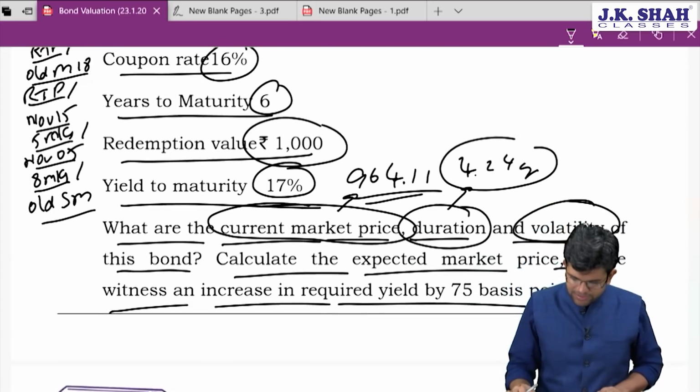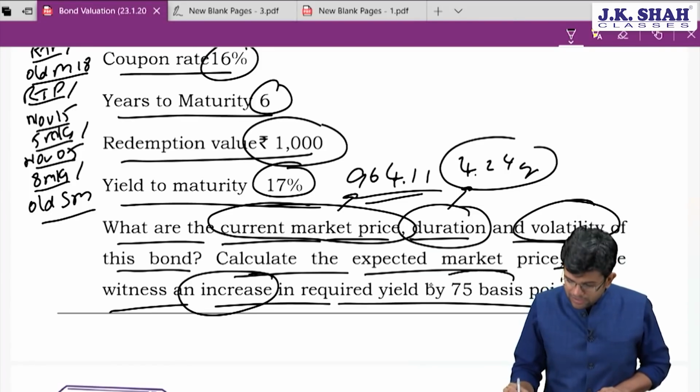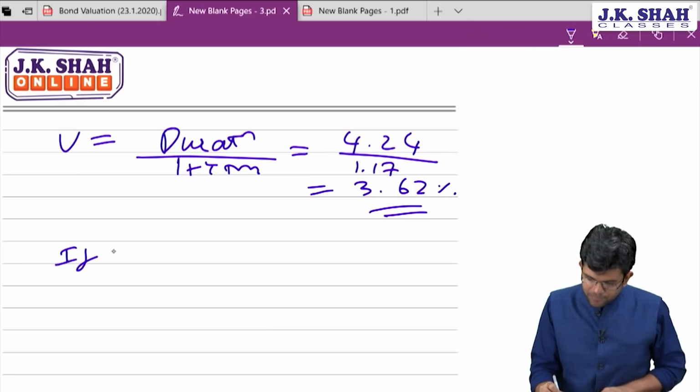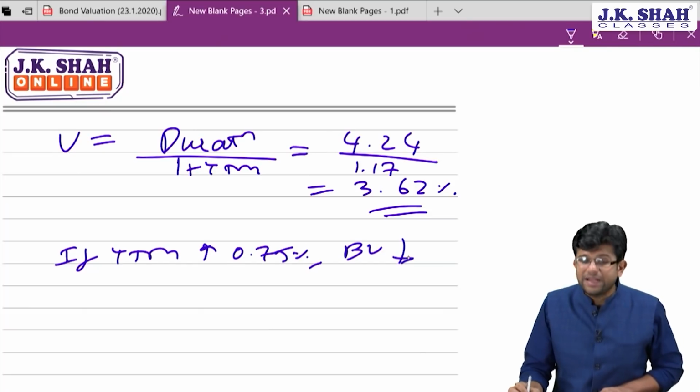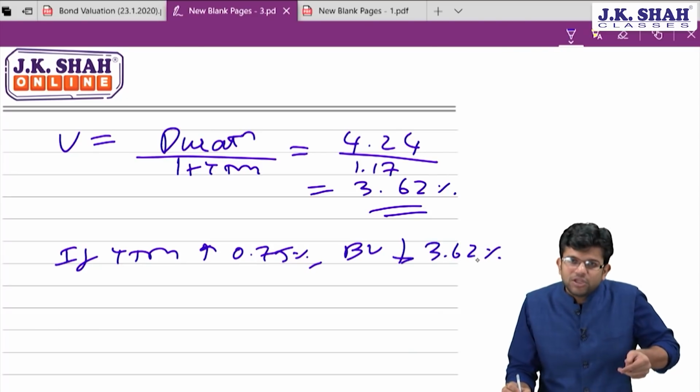In the question, they are saying calculate the expected market price if the YTM will increase by 0.75%. So students, if YTM increases by 0.75%, the bond's value will decrease. 3.62% is for every 1% change in yield.